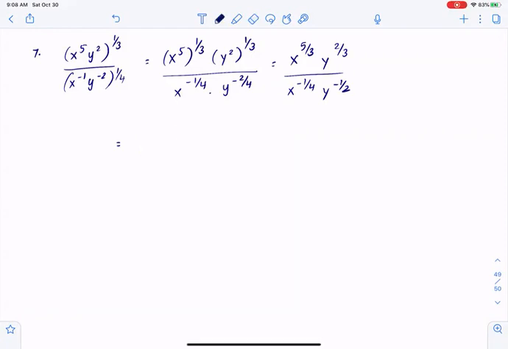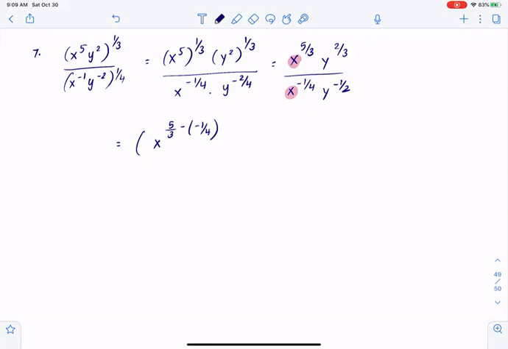Just like we dealt with terms separately when it came to regular exponents, we're going to do the same with rational exponents. So first, I'm going to combine the x bases. They are identical, but they are in division. So x raised to the numerator minus the denominator.